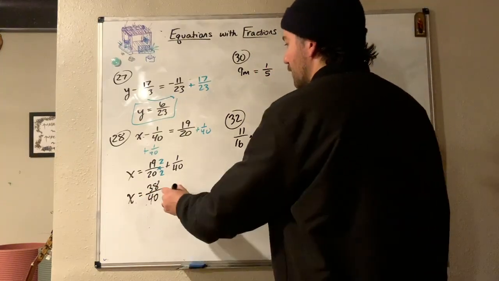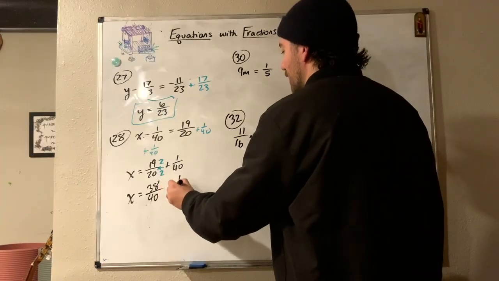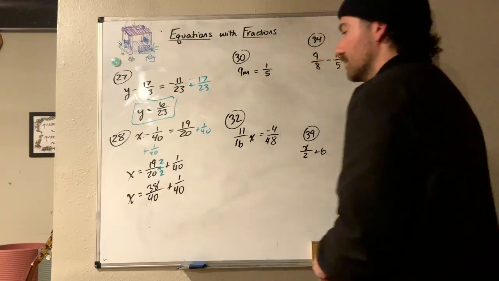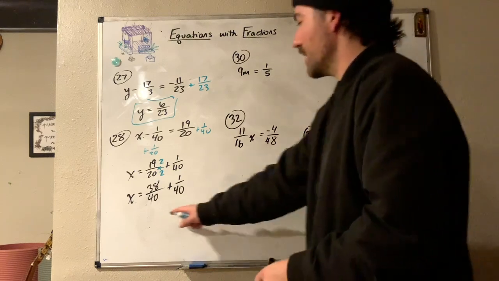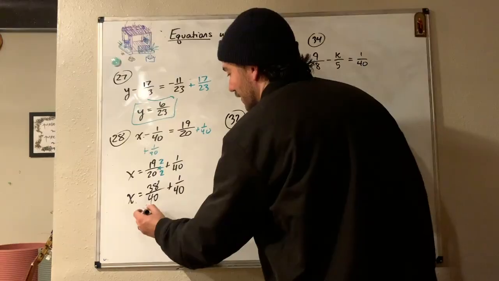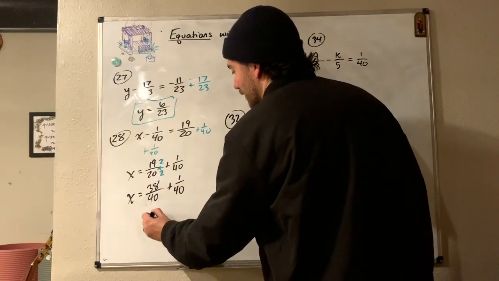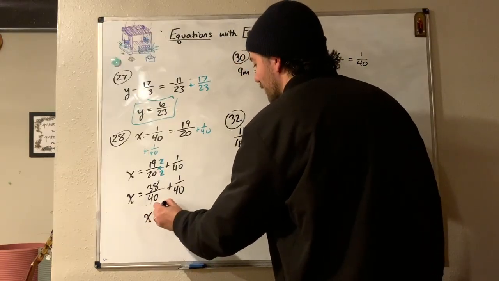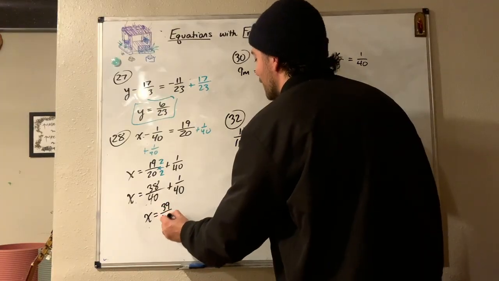So 38/40ths plus 1/40. Now they have the same units, the same denominator, so 38/40ths plus 1/40th is 39/40ths. Now I can just add the numerators. And the denominator stays the same.